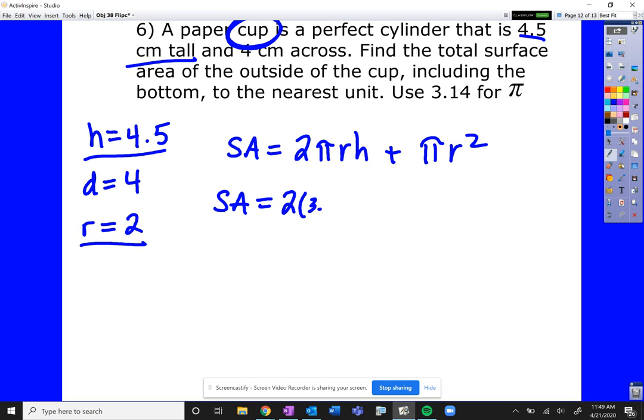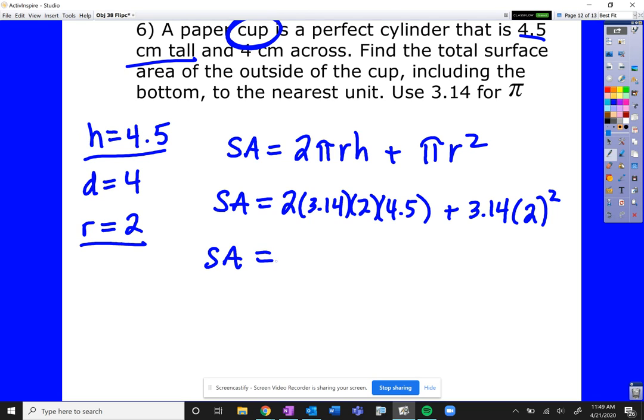2 times 3.14 times the radius of 2 times the height of 4.5 plus 3.14 times the radius of 2 squared. Plugging in numbers, spitting out surface areas. That's how we do it here, folks. 2 times 3.14 times 2 times 4.5 is 56.52.